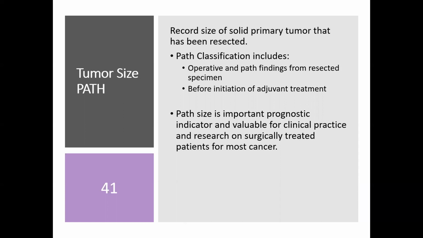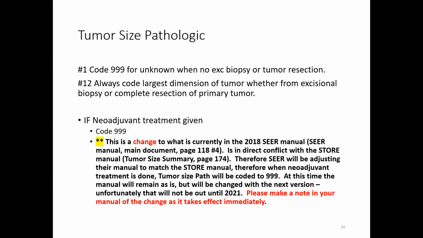It's valuable clinically and for research on surgically treated patients for most cancer that has not been treated. There's several rules starting on page 110. This neoadjuvant rule has been updated in the 2021 SEER manual, but there is an error in that 2018 to 2020 SEER manual. The STORE manual does have it stated correctly.